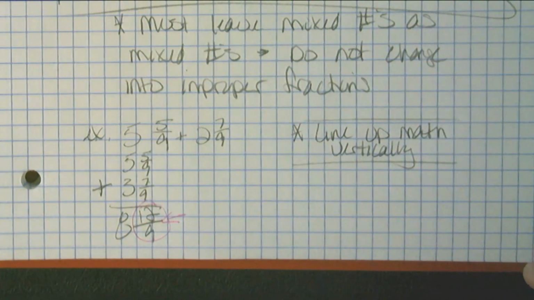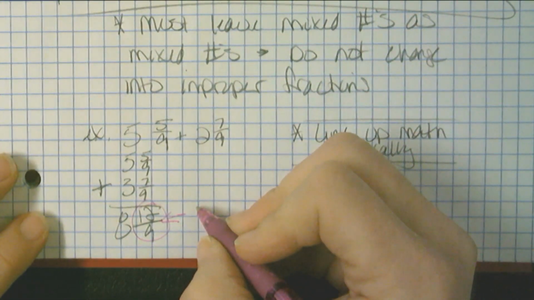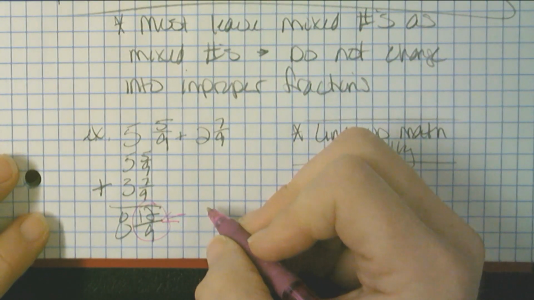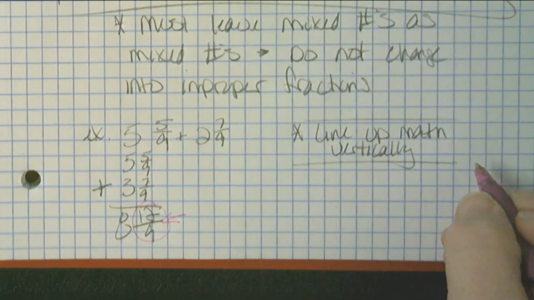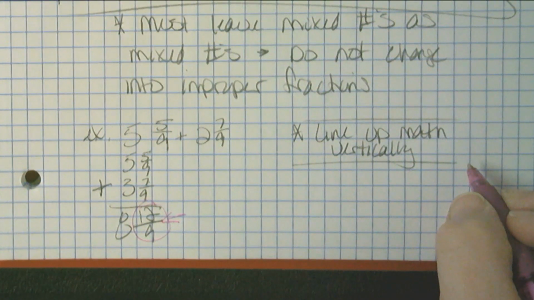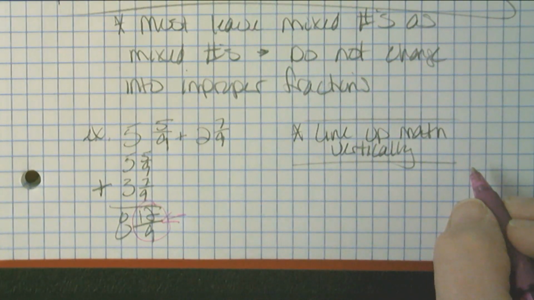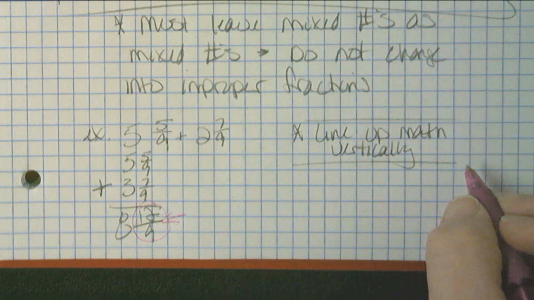Now this 12/9, what do I need to do with it? Because I can't leave it like that. Addison? What do I have to do with 12/9? No. I mean, we can do that, but that's not what I'm getting at. I can simplify it, but that doesn't solve my problem. So what do I have to do with 12/9?